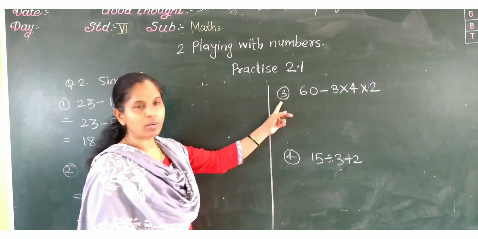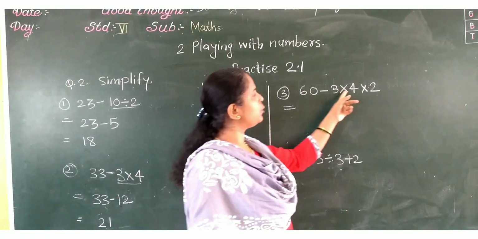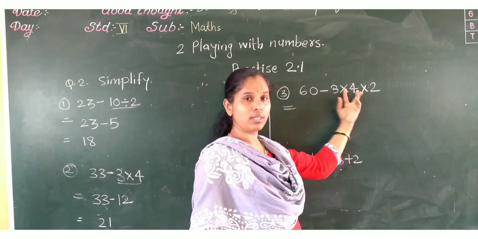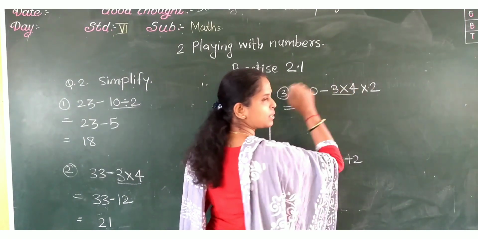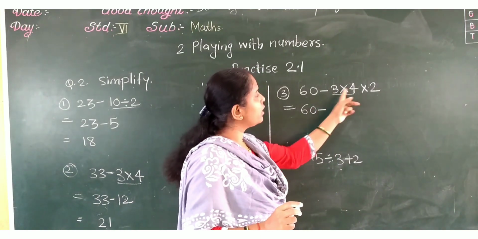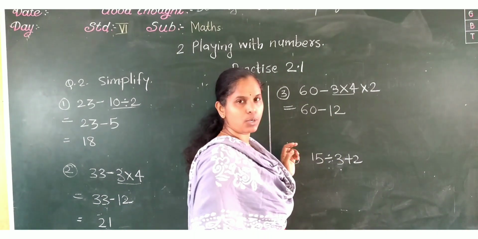Now next, the third one. See here. 60 minus 3 into 4 into 2. Here see, multiplication twice. So first we will do this. So 60 minus, write as it is. Now 3 4s are 12. That answer we will write here. 3 4s are 12.